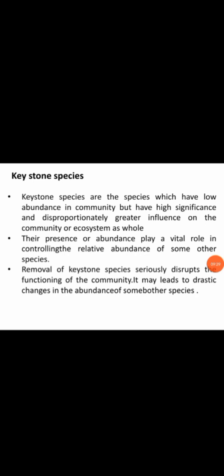Their presence or abundance plays a vital role in controlling the relative abundance of some other species. So we can understand that keystone species are essential in a community. Removal of a keystone species seriously disturbs the functioning of the community. It may lead to drastic changes in the abundance of some other species.